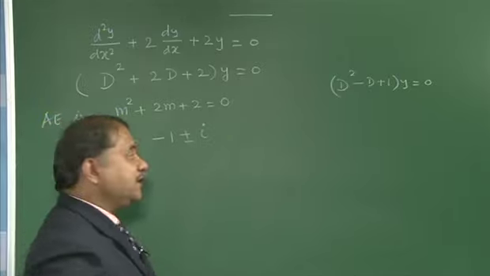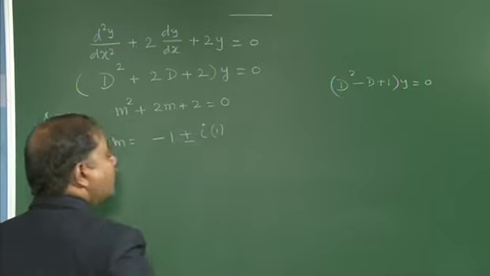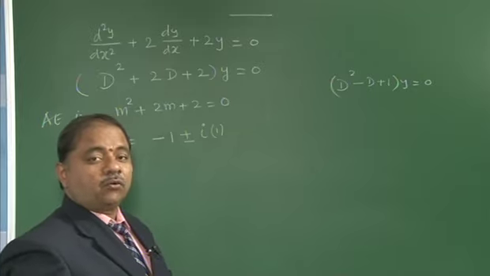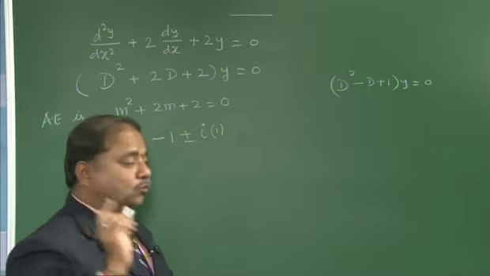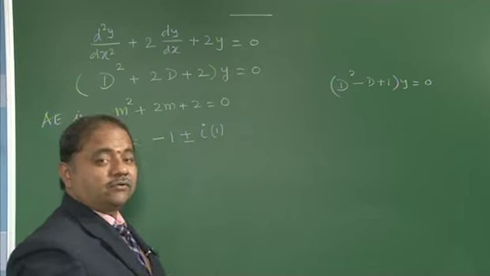More specifically, we write i into 1, because in the exam so many students make a mistake writing the i. We should take only the imaginary part, m1 plus or minus i m2. So, with i into 1 it is very clear that the m2 value is 1.